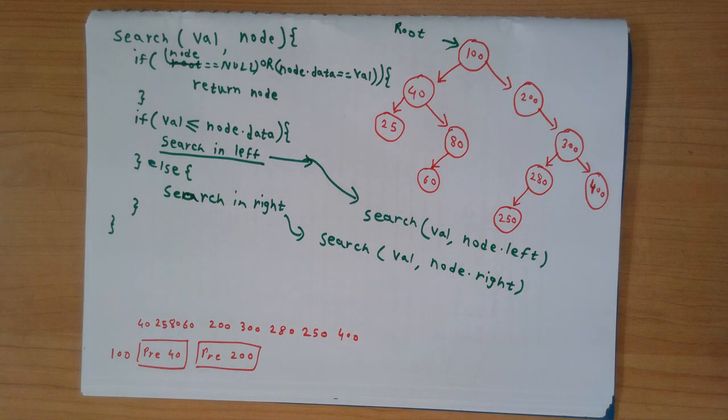So this search operation, which we have implemented recursively, we can also have iteratively, but for this recursive logic that we have written, the time complexity is going to be theta(h), where h is the height of the tree, and we know that the height of the tree in the worst case is of the order of n. So in the worst case, the search on a binary search tree might require of the order of n time. You might have to spend time equal to the number of nodes in your binary search tree.